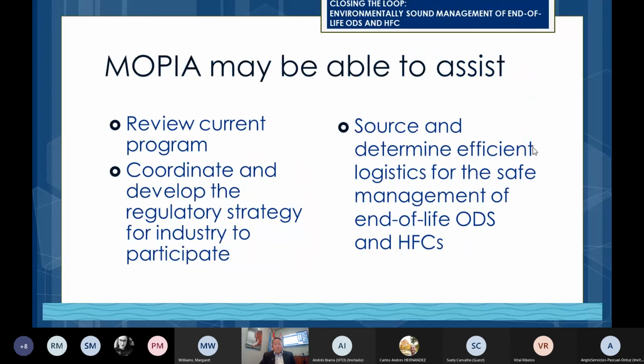So MOPIA may be able to assist you in reviewing your current program, coordinating and developing a regulatory strategy to show that industry can participate. We can look at, of course, your source and determine efficient logistics for the safe management and end-of-life ODS and HFC stewardship.